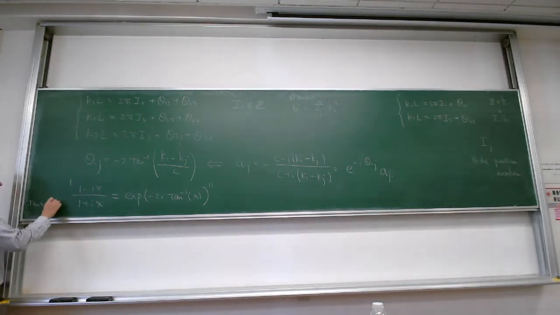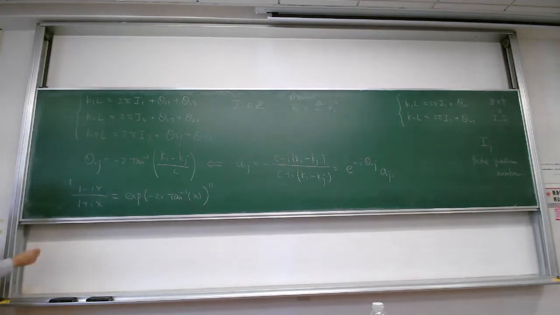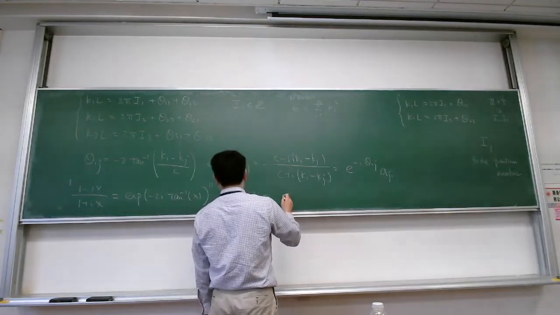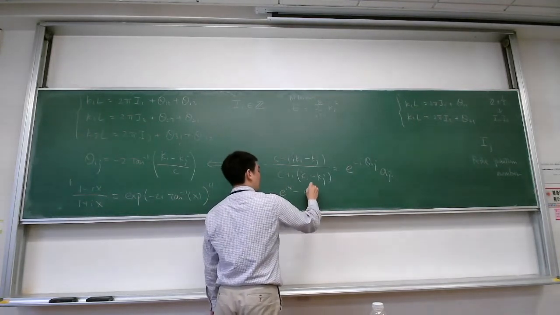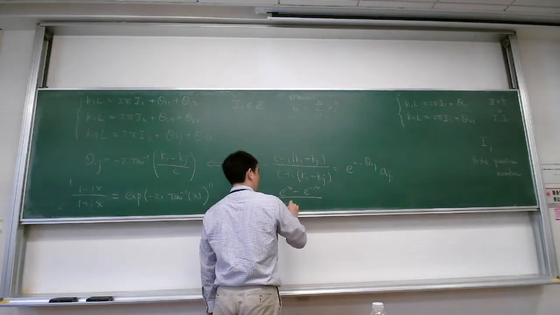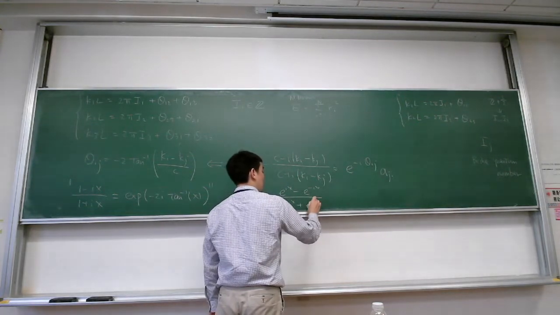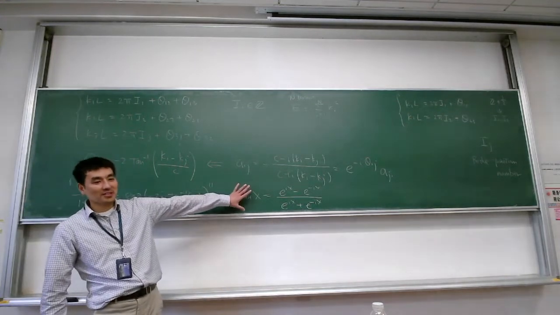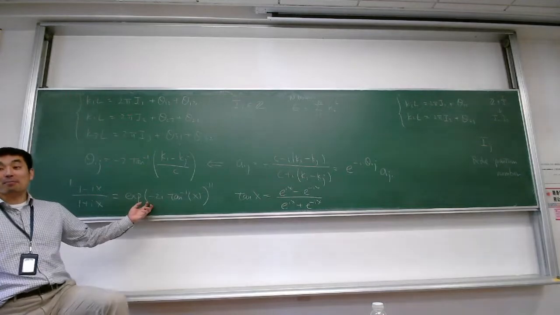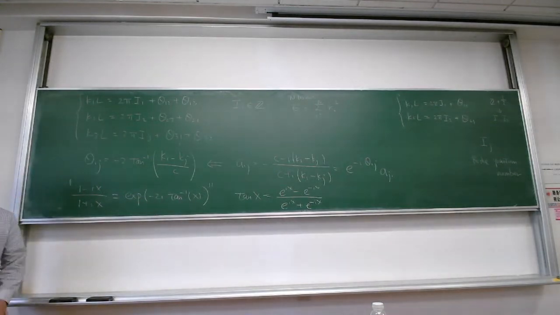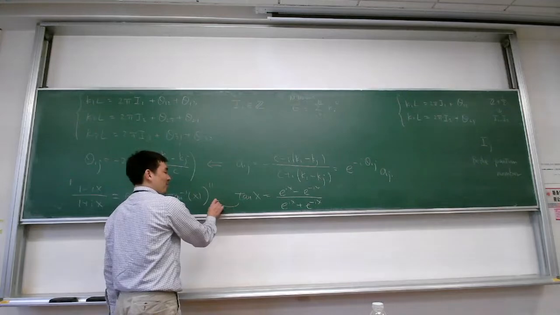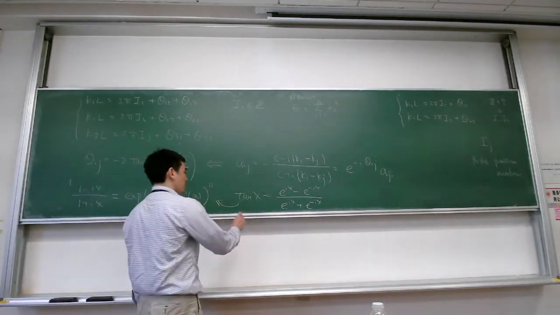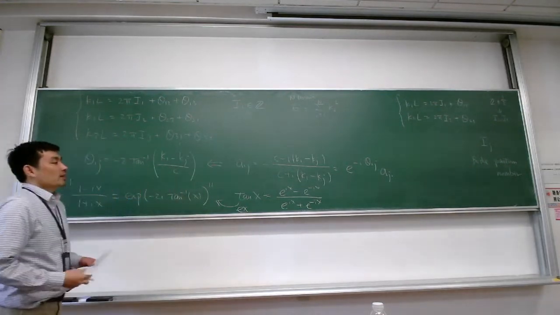Tan x is equal to (e to the i x minus e to the minus i x) divided by (e to the i x plus e to the minus i x). You can derive this one by hand, actually. It's a good exercise. I just confuse myself a lot of times, but if you're motivated enough, you can do it by yourself.